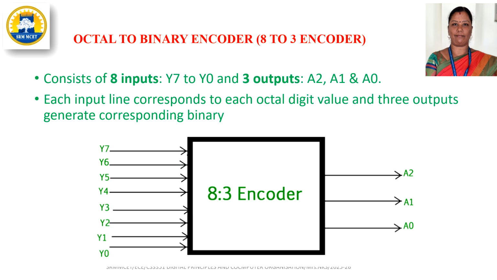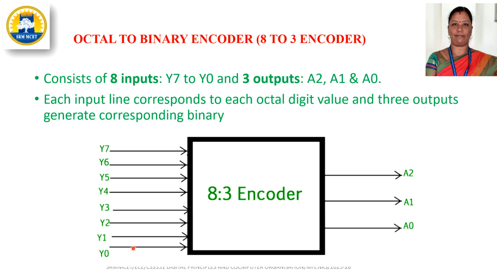We will discuss it elaborately. Octal means 8, hence it's also called an 8 to 3 encoder. So 3 is n and 2 power 3 is 8. This is the schematic of the 8 to 3 encoder.